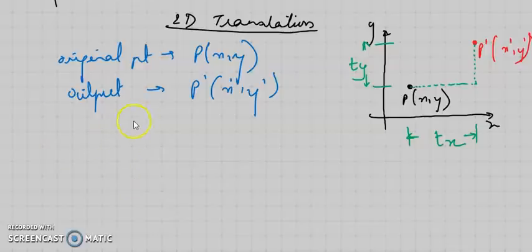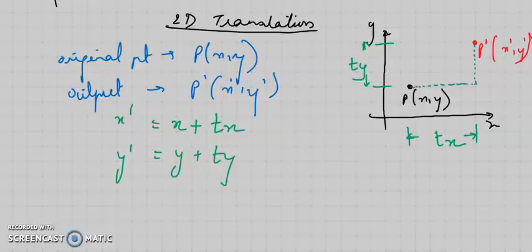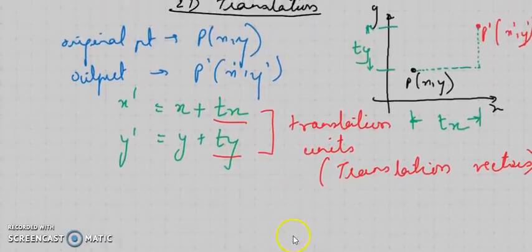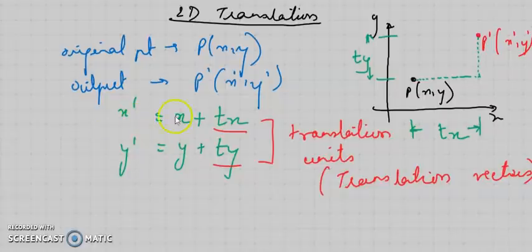So my original x plus tx gives me x dash and y plus ty gives me y dash. These are the values that you are adding. These are the translation units by which you are shifting, also called translation vectors.